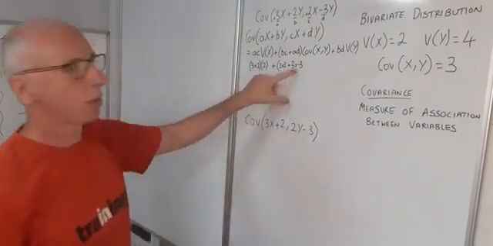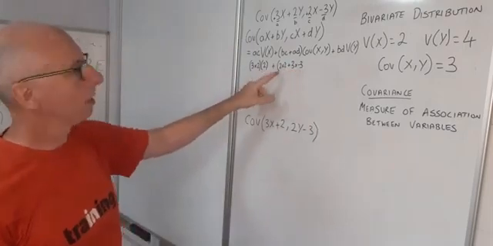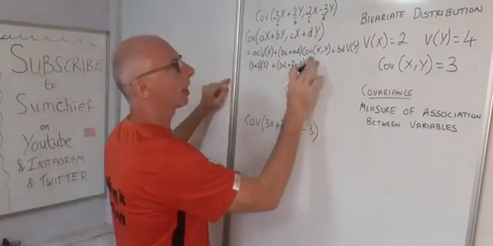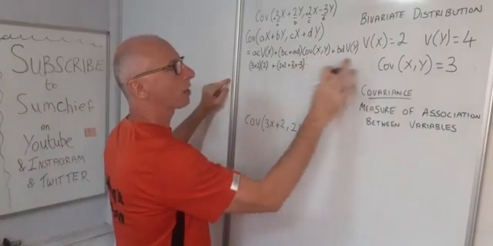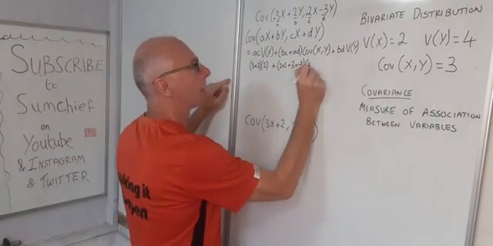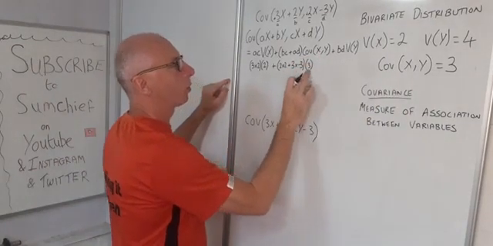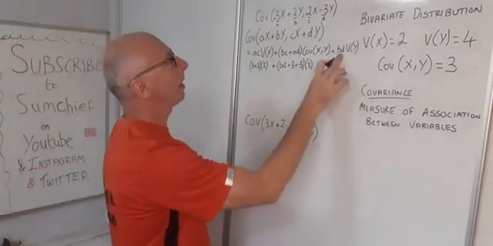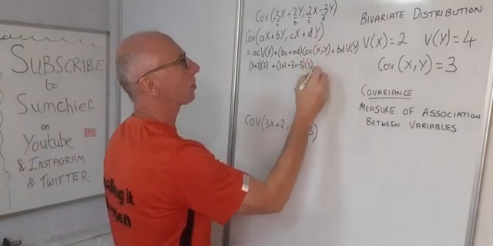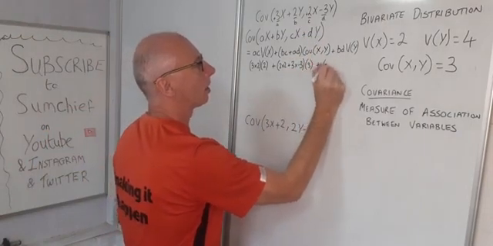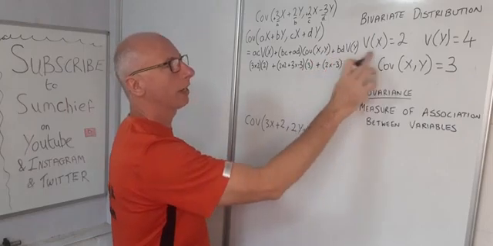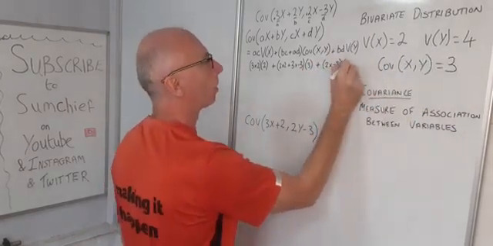Our normal rules of BIDMAS apply here, so we don't need another bracket. Then the covariance of x, y is 3, so whatever that comes to, we multiply by 3. And then b times d, that's 2 times minus 3, and then the variance of y, which gives us 4.